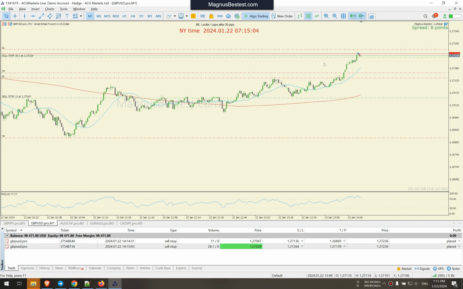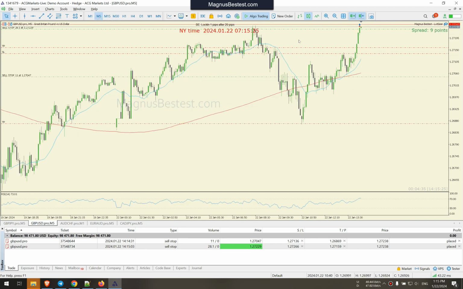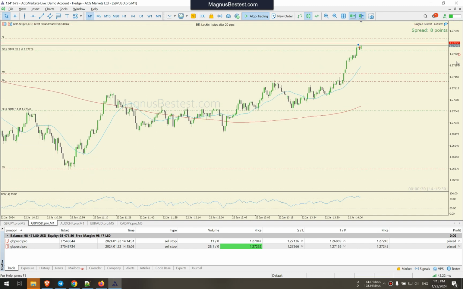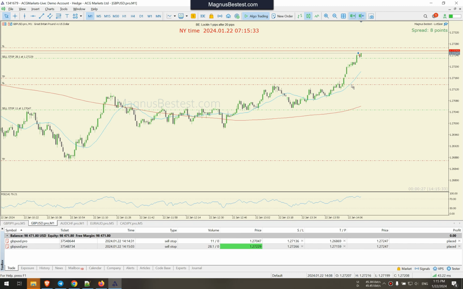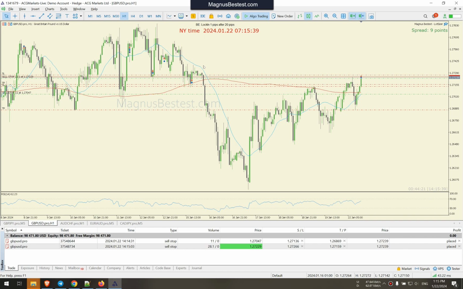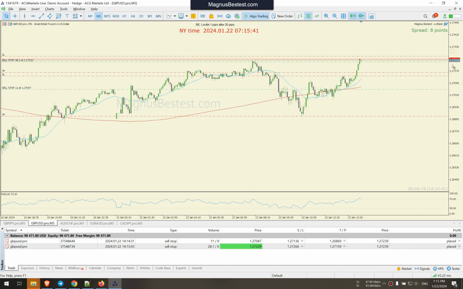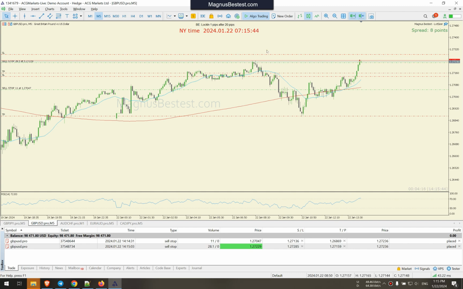I just pressed the S button, then adjusted the stop loss level, and pressed X. Of course, I need to take into account the spread. And let's see how my signal is going to develop. We broke this high, so it's a little bit risky. Wait. Ideally, it's better to check the whole situation. I will just move it a little bit higher just in case.